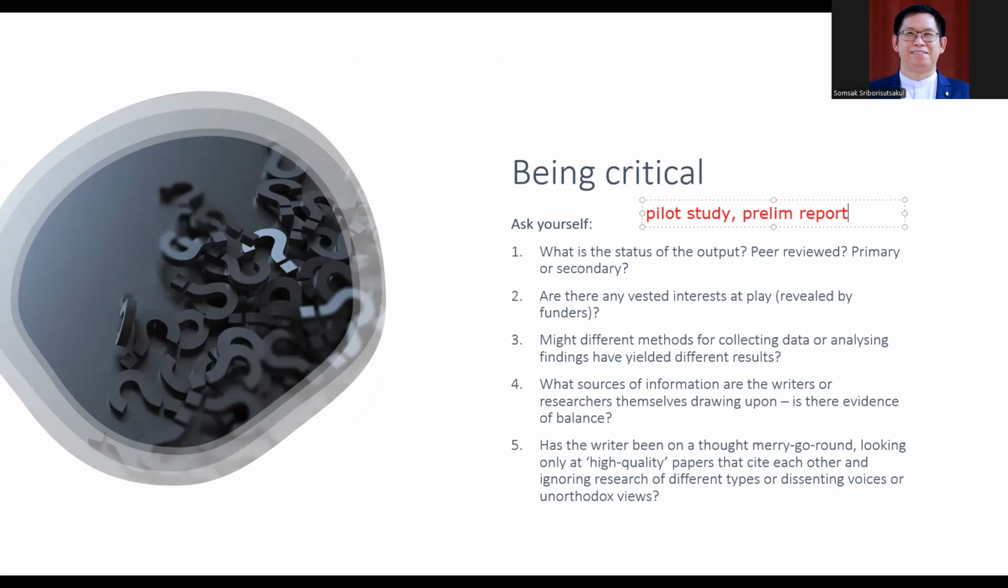The second, are there any vested interests at play? Was it reviewed by a funder? For example, there are some controversial issues, right? Is it good or bad to use a mobile phone? Is it good or bad to eat eggs or yolks or anything else? It depends on funders, organizations that provide money to researchers.